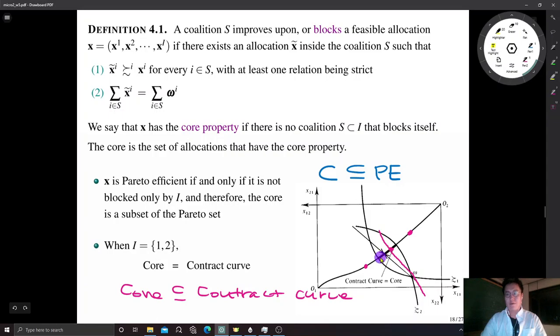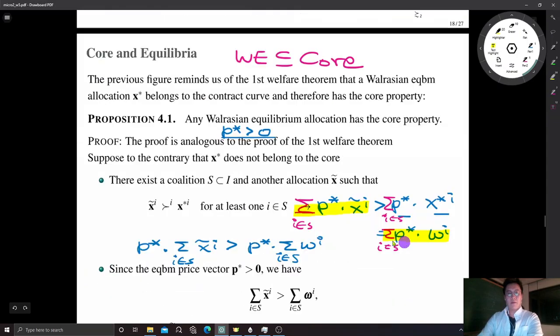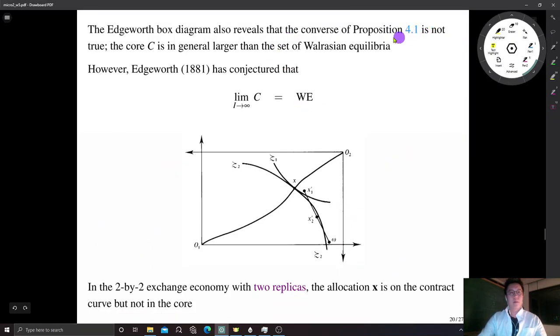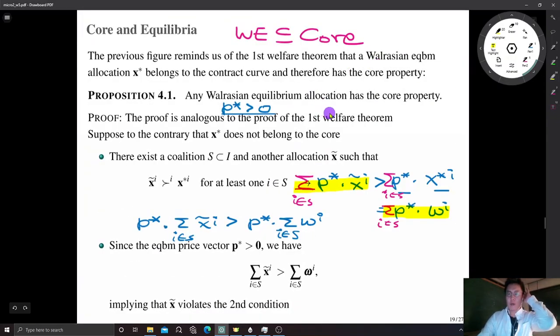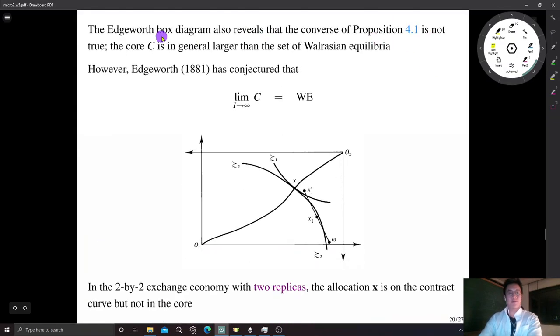So from this figure, it is evident that the converse of the previous proposition, that every allocation in the core is a Walrasian equilibrium, is not true.